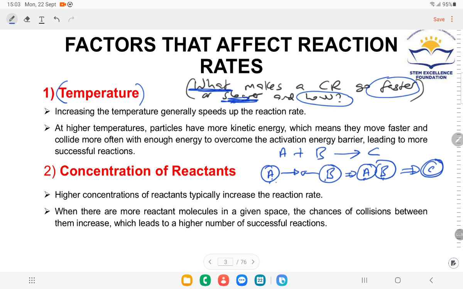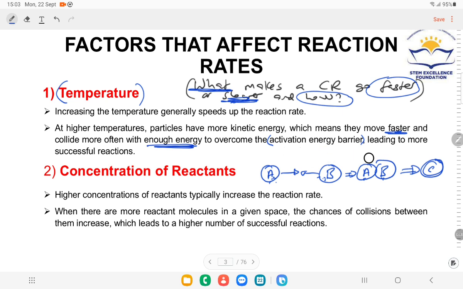All right. So that means if you increase the temperature, you increase the speed of these particles, you increase their kinetic energies, you make them collide faster and with more power, more force, more energy. And that causes them to form C faster than they normally would. They collide faster and with enough energy to overcome the activation energy barrier.